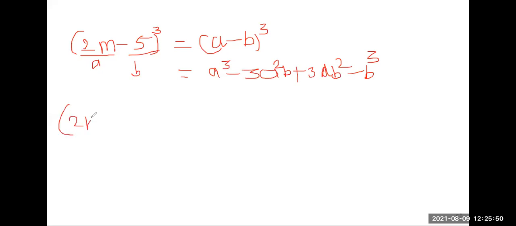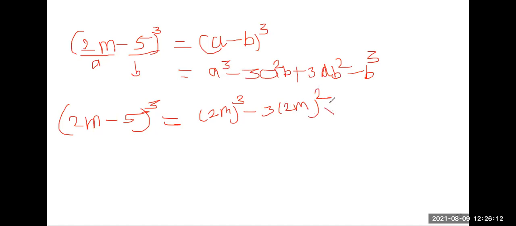Now put in 2m minus 5 whole cube. What will we get here? 2m whole cube, minus 3 into 2m whole square into 5, plus 3 into 2m into 5 square, minus 5 cube. Here see, very simple.